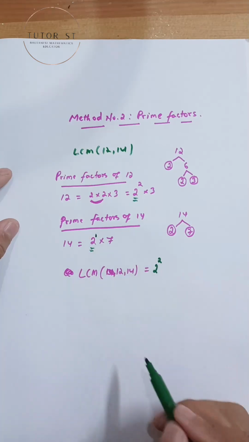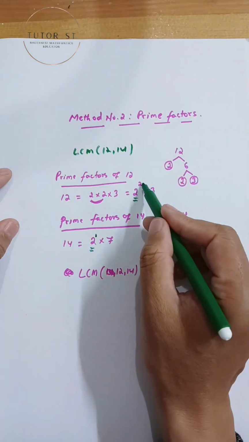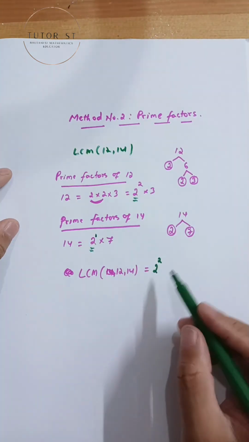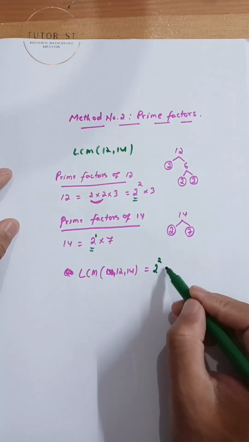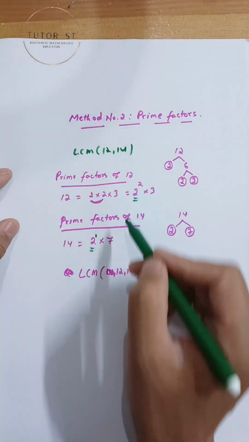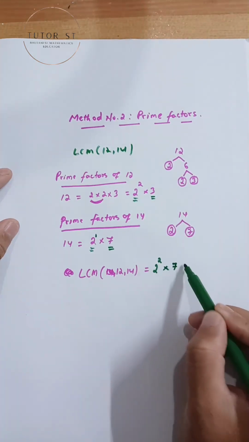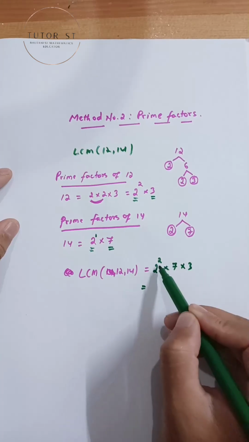The exponent of this 2 is 1, the exponent of this 2 is 2. So instead of taking this, we have to take 2 raised to the power of 2, and we are done with 2. After this we need to take 3 and 7.